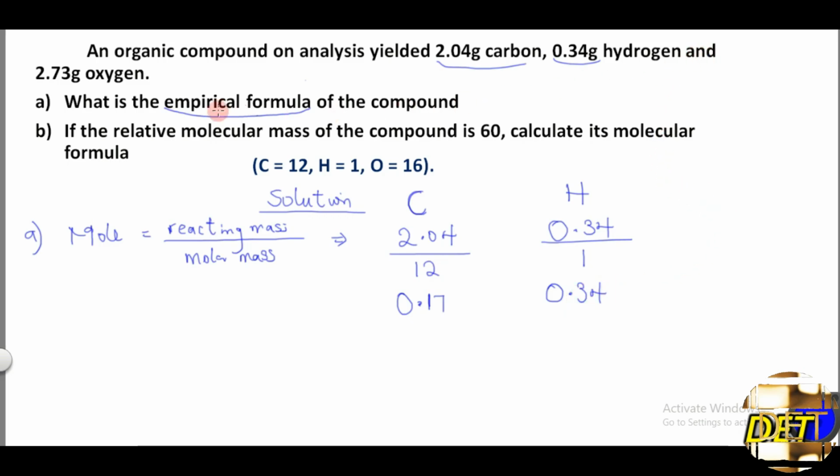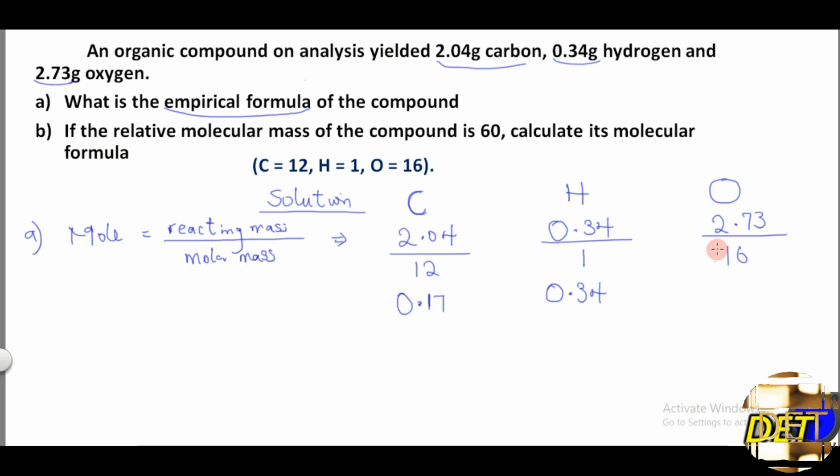And then the next element that we have there is oxygen. The mass of oxygen here is 2.73. So the number of moles of oxygen is equal to reacting mass over molar mass. The reacting mass of oxygen is 2.73 over the molar mass of oxygen, which is 16.